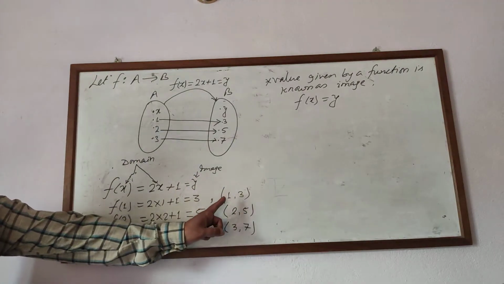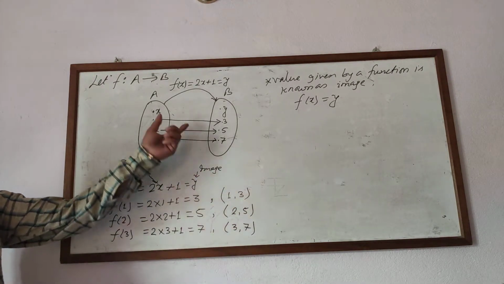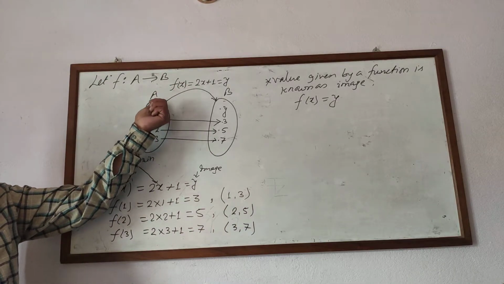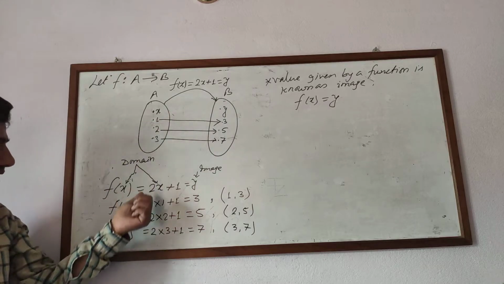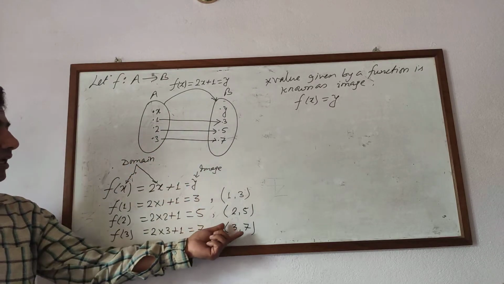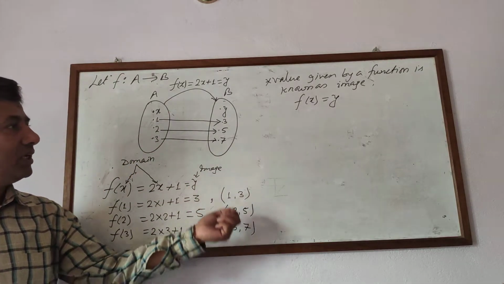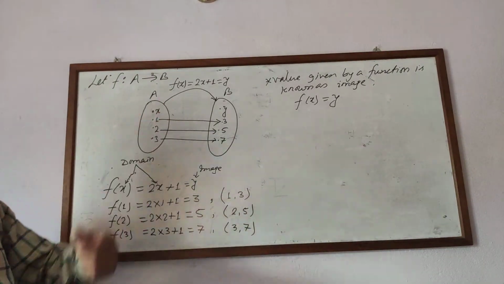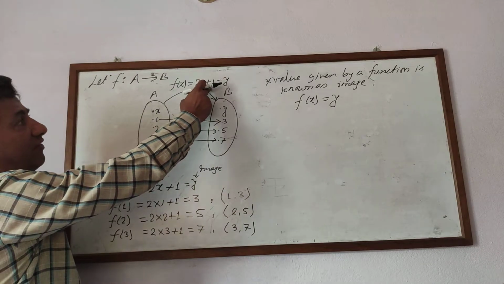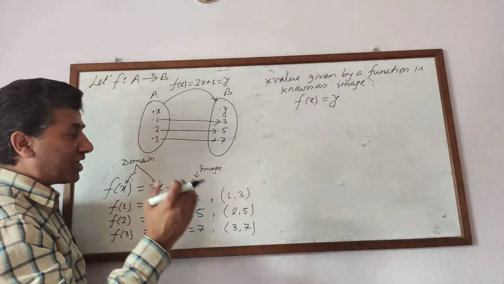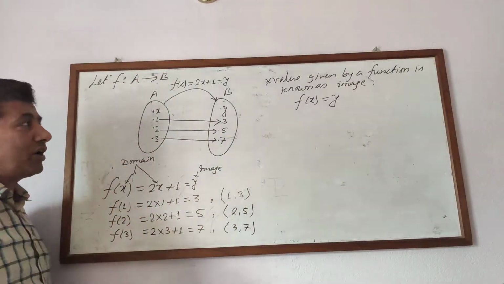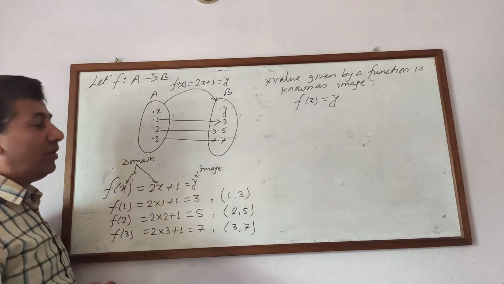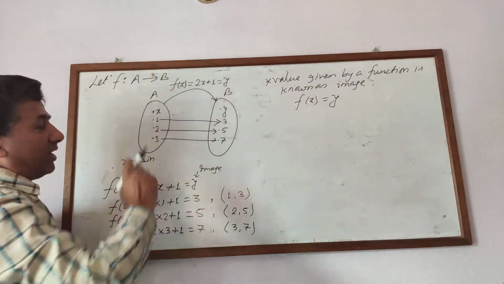Now if we plot these 3 points, we can find more points also, because this function goes from set A to B, and we can find so many points here. These points we can plot in a graph also. When we plot in a graph, right now this is a linear function, that's why it gives a straight line. If it is quadratic or cubic, then we will get a curve accordingly.